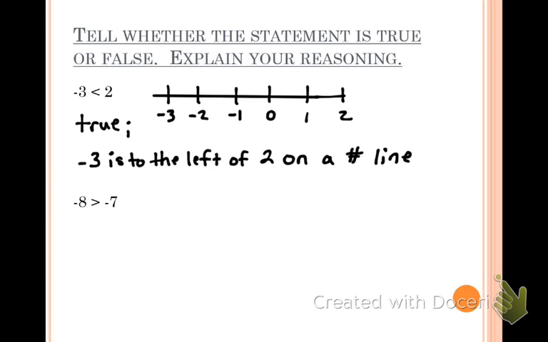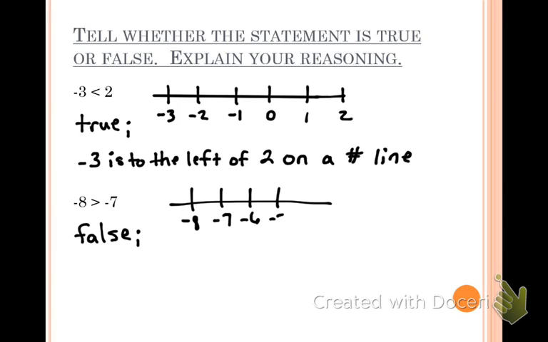It is false. Okay, so if I draw myself a number line here, remember negatives are always going to be to the left. So this is -8, -7, -6, -5. It could keep going on. You eventually would get to 0 over here, and then positive numbers go to the right. So this is false. Why?